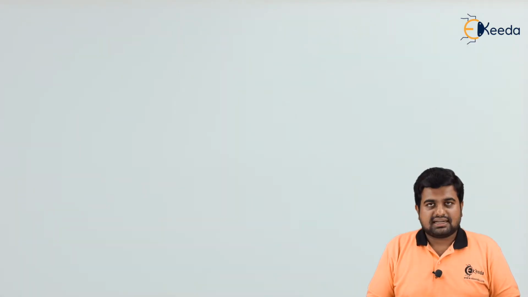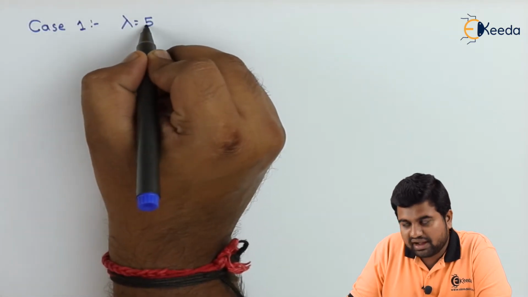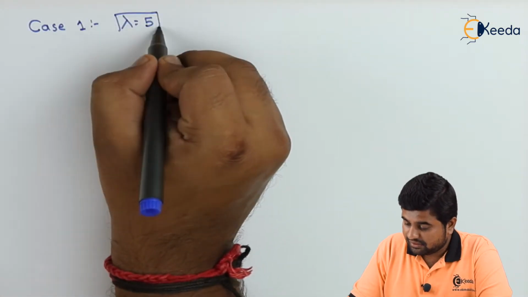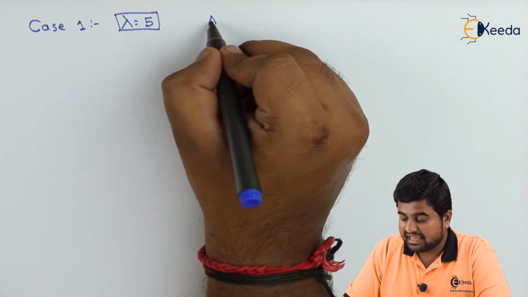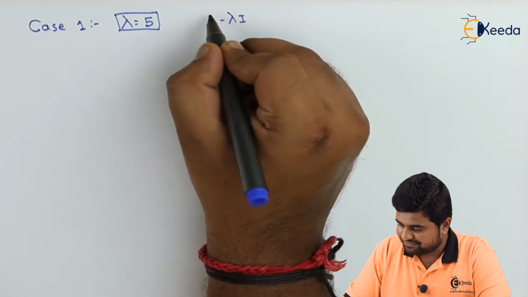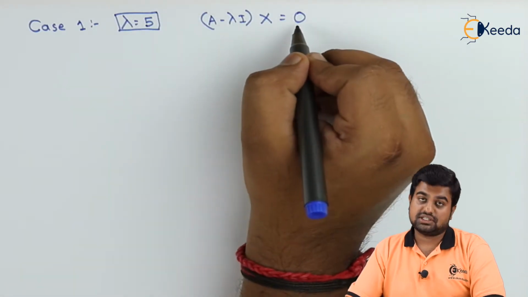So let us understand this by using the actual case, which is case number 1, for lambda is equal to 5, which is the first eigenvalue. So case 1, lambda is equal to 5, and the eigenvector is found out by using A minus lambda I into x is equal to O. This is not 0, this is O.